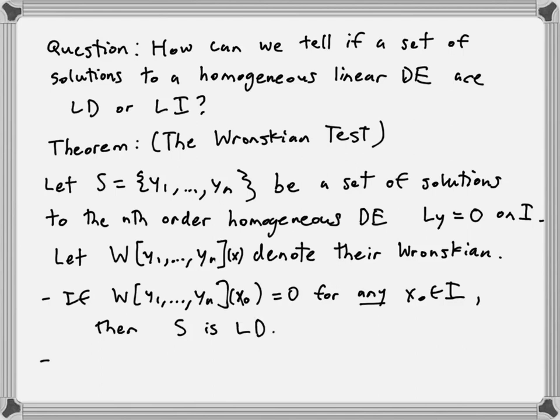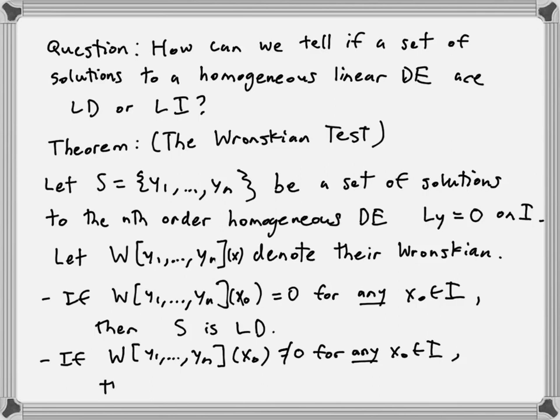Okay? The other thing the theorem says, of course, is, and this is actually a very powerful theorem, if the Wronskian of x naught is not 0 for any x naught in I, then S is linearly independent.